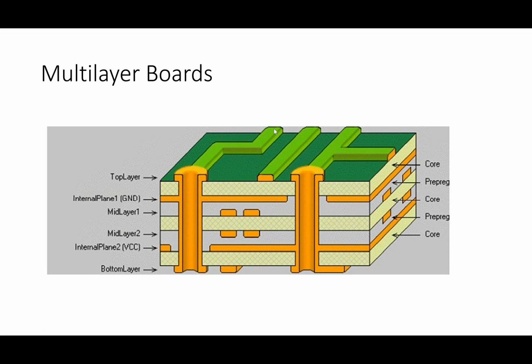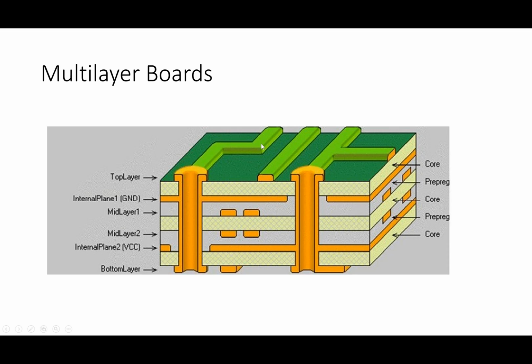Well, the width of traces is basically set by the current. If I have a lot of current going through these things, then my concern would be how much voltage is being lost as that current goes through the resistance of this trace, and ultimately how much power is lost as that current traverses through this trace.